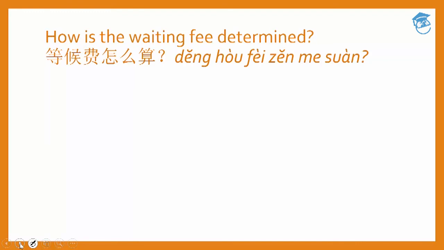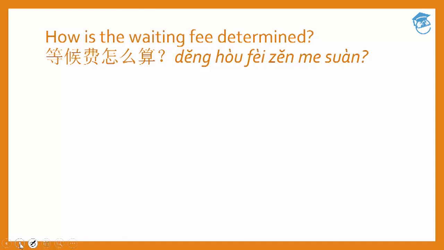She asks, how is the waiting fee determined? 等候费怎么算? So it is very similar to how we deciphered the previous sentence. Okay, it is like 车费怎么算? Okay, so no new words here, but new usage.